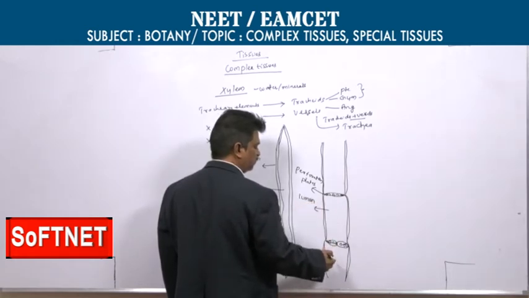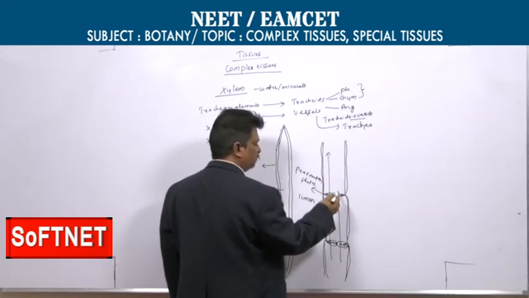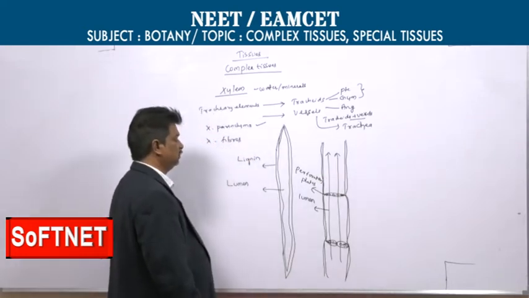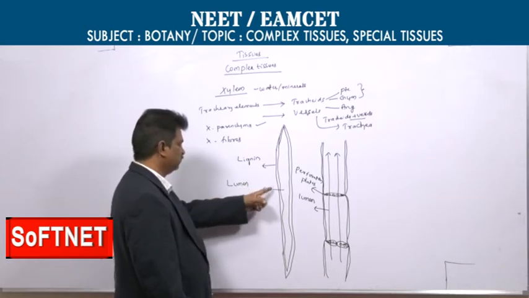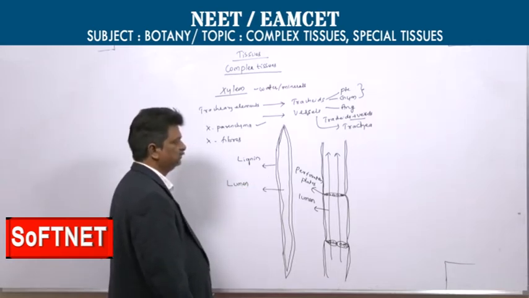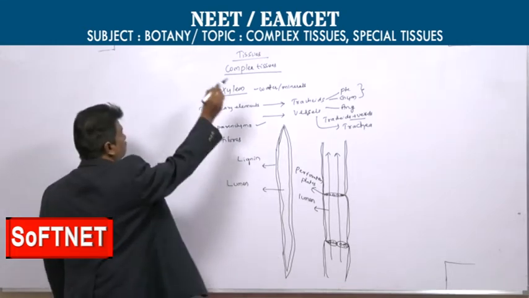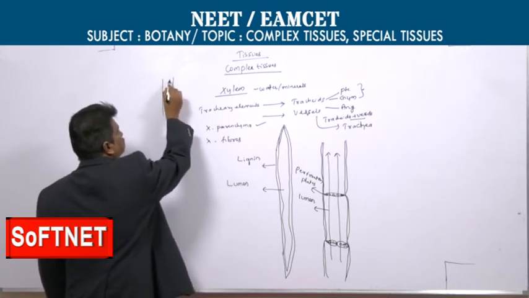Because of this empty space, a flow of water easily takes place from base to top or between vessel cells. So in both the tracheid and vessel, the secondary wall is made up of lignin. But this lignin deposition is of different types.